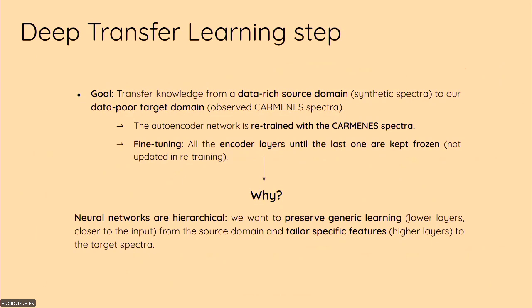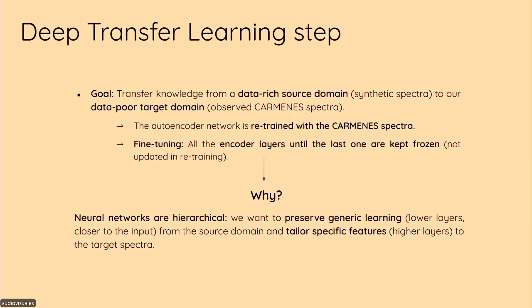So with these autoencoders, we obtain the low-dimensional representations of the synthetic data, and then we introduce the deep transfer learning step, with the objective of transferring the knowledge from our data-rich source domain, the synthetic grid of spectra, to our data-poor target domain, which is our sample of CARMENES spectra.